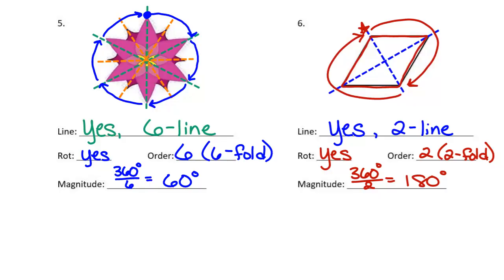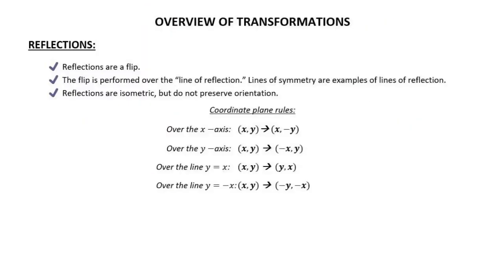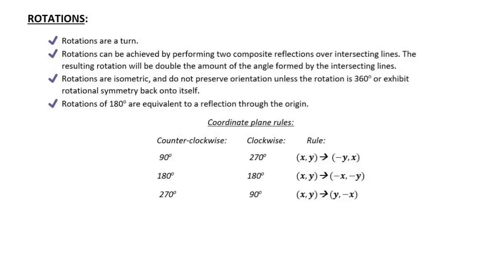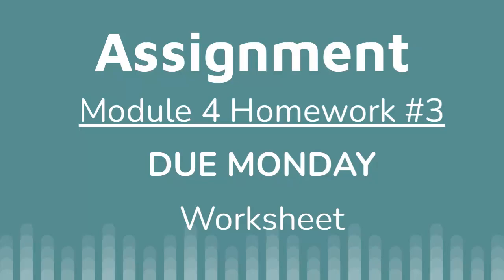In your packet, page 11 goes over the rules that we learned for reflections, translations, and rotations. If you want to look in one spot that has all the rules, you can either look at page 8 where we wrote them all down, or you can look on page 11. Your homework that you picked up yesterday is due Monday.